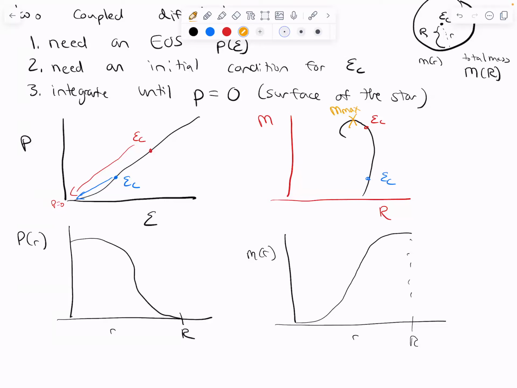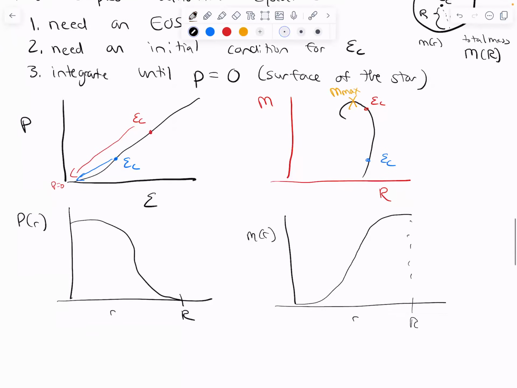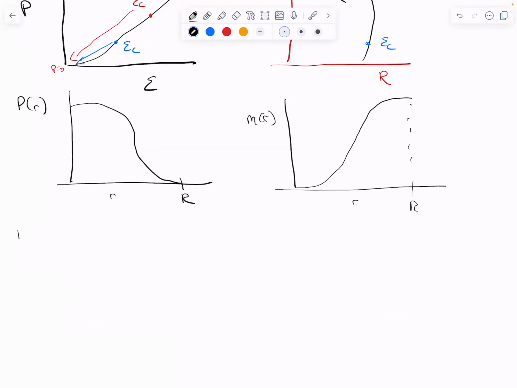And so for this maximum mass, how do we define this? Essentially, you can take the derivative dM/dε_c of the central density, and this is 0. So you've increased your central density, and you get a flattening point, this inflection point.